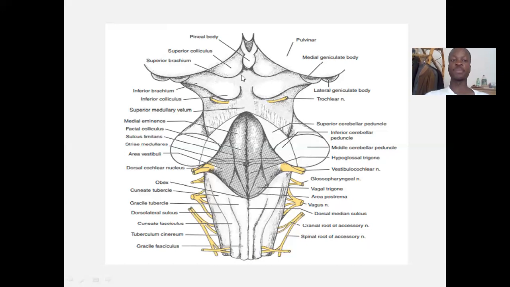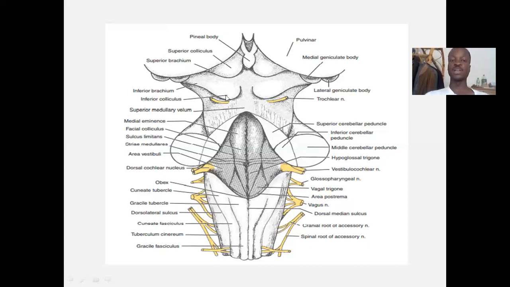Then from the region of the midbrain, you can notice the emergence of the trochlear nerve, which earlier on I said is the only cranial nerve which emerges on the dorsal surface of the brainstem, right? Then you see the bulges of the tectum, your corpora quadrigemina: the superior colliculi, which subserve vision, then the inferior colliculi, which subserve audition.